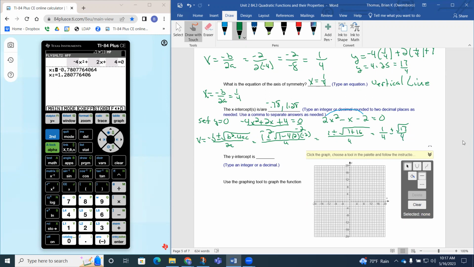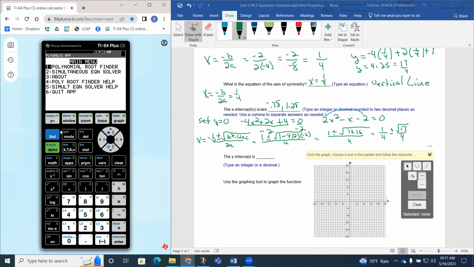But again, I could type this into the calculator. I only use the fraction button, alpha f1.